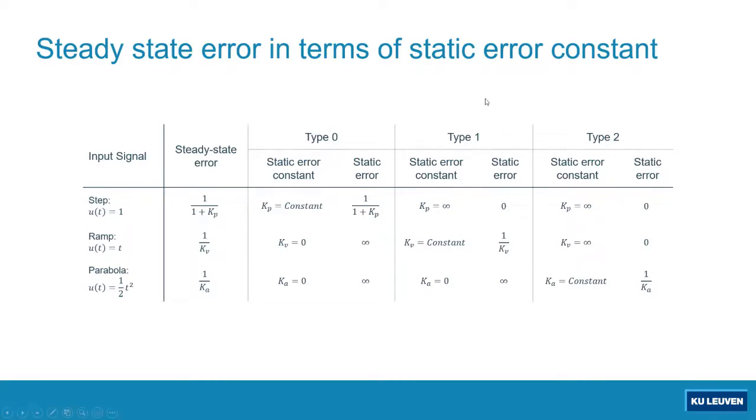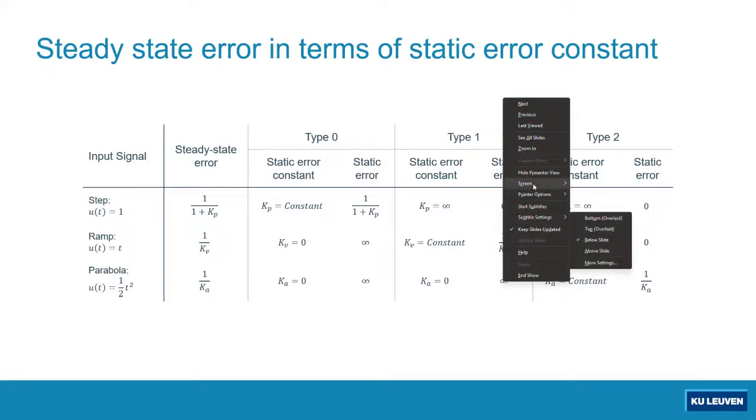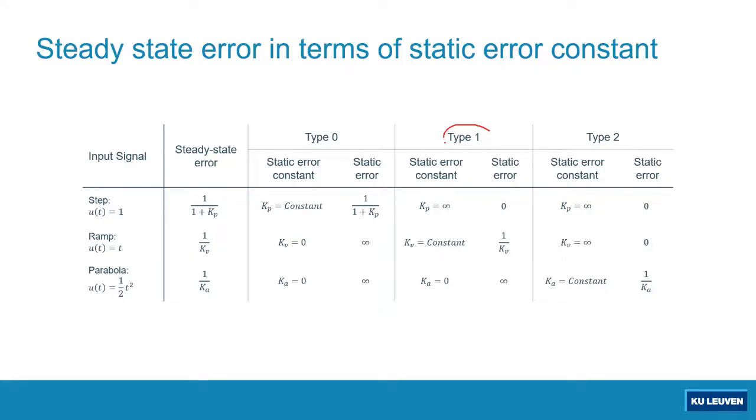If we have a type 1 system and give a ramp input, we will always have a finite steady state error.